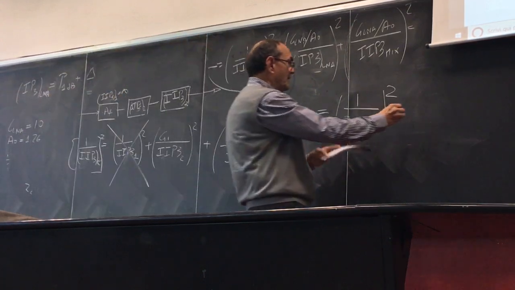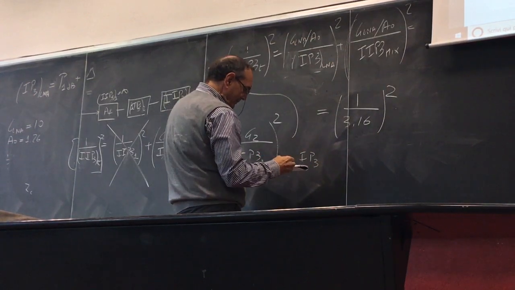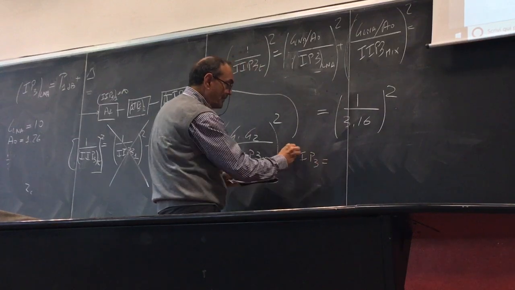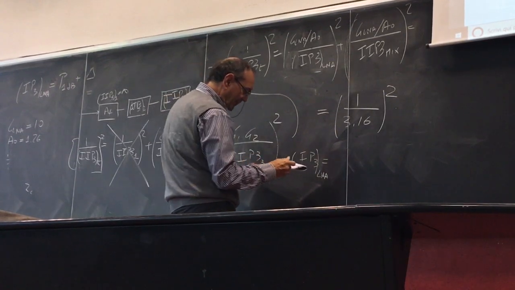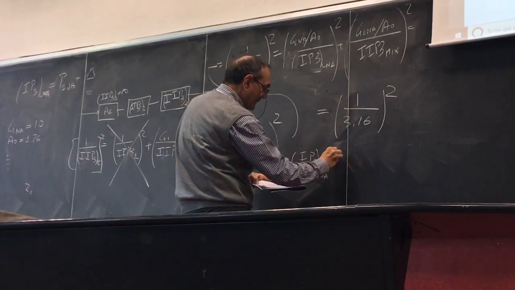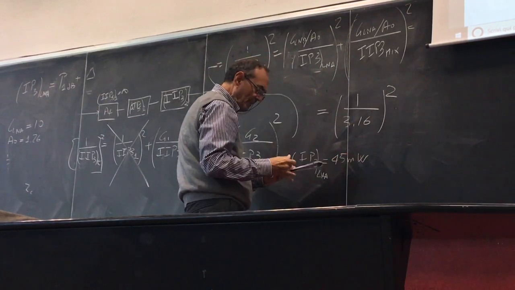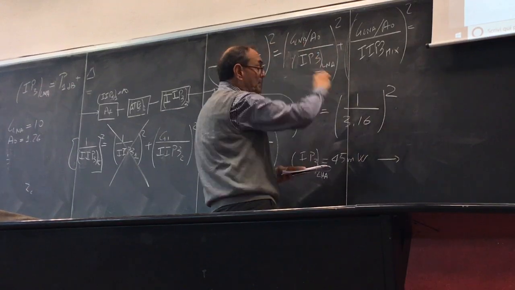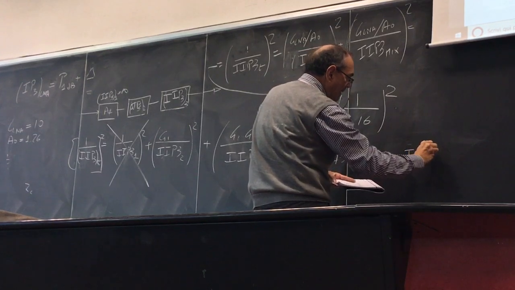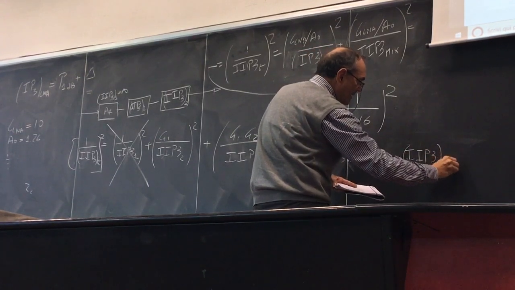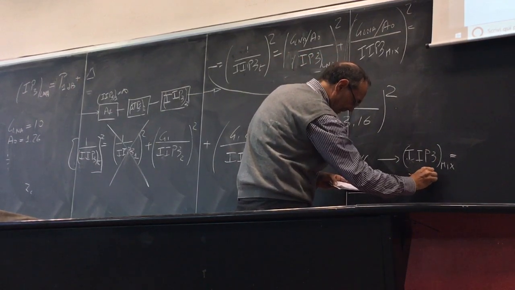an IP3 LNA equal to 45 milliwatt, and we get, using this expression, an IP3 of the mixer equal to 30.07.